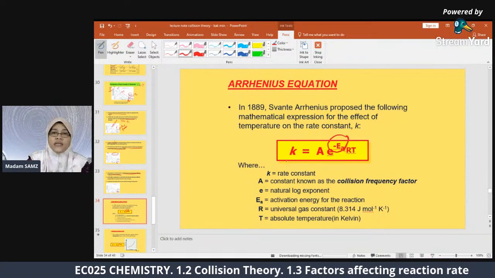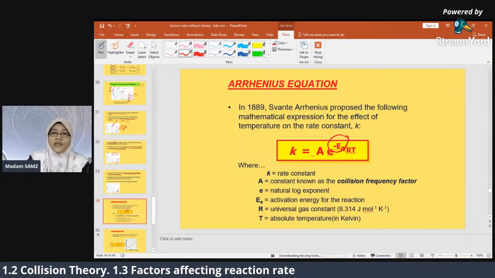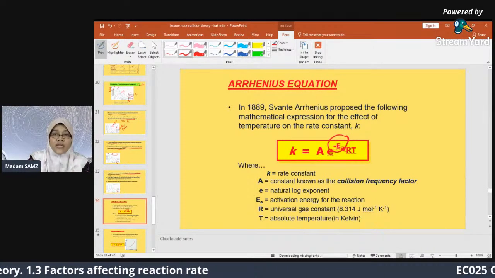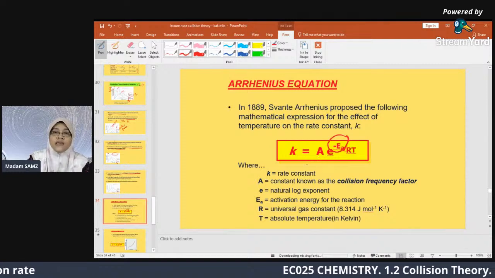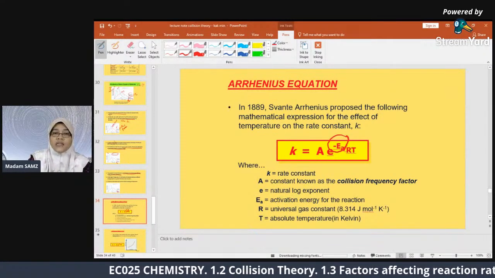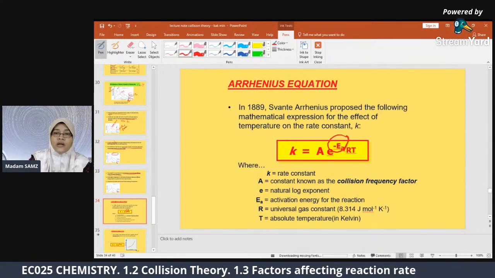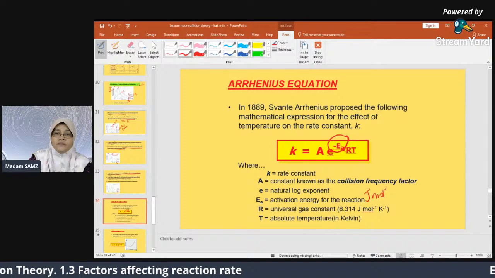Alright. So what is K? K adalah rate constant. A adalah collision frequency factor. Ini nilai tetap untuk reaction yang berbeza-beza. Ini exponent. EA ni adalah activation energy. Alright. Activation energy dalam unit joule per mole.